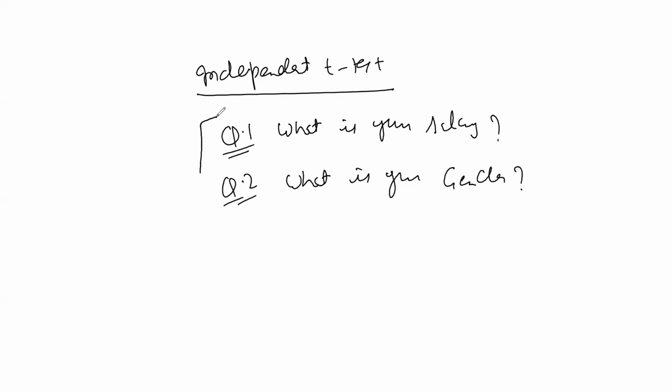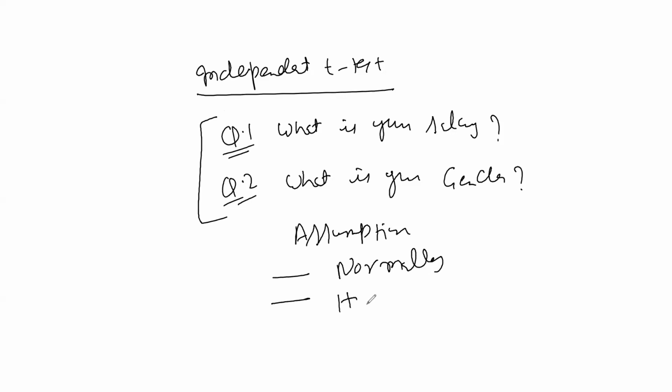But before we apply the independent t-test, we check the assumptions. It means data should be normally distributed and data should be homogeneous.